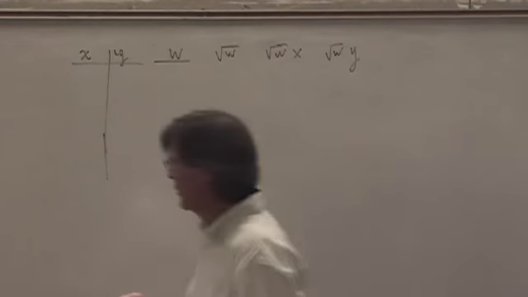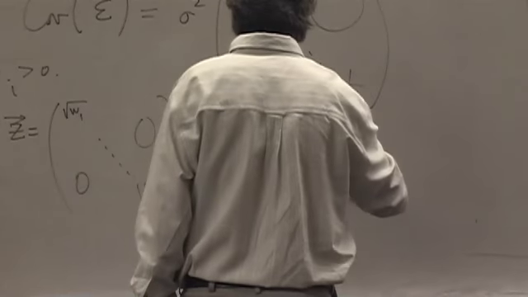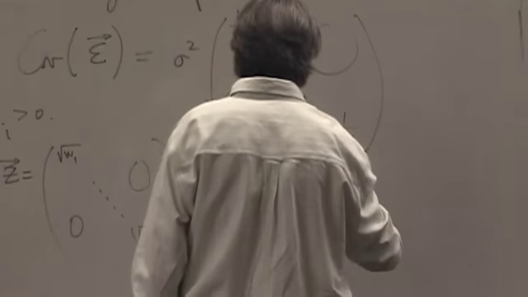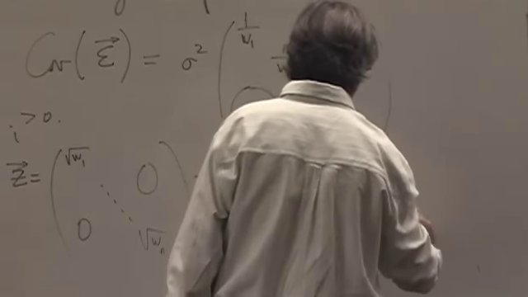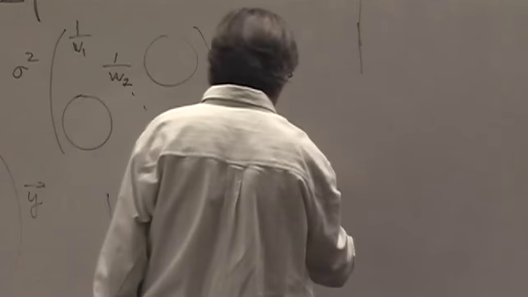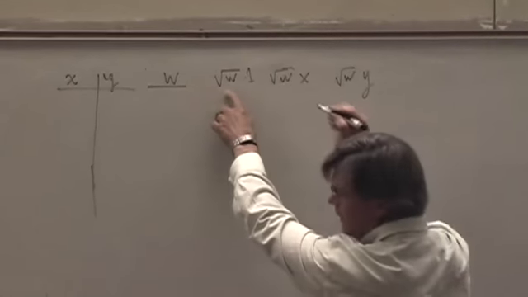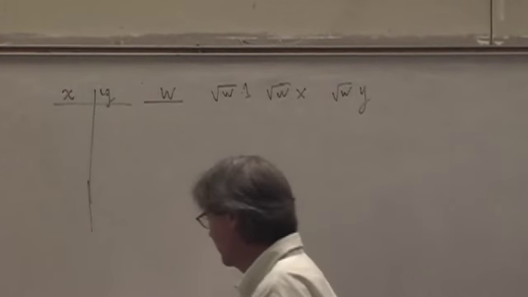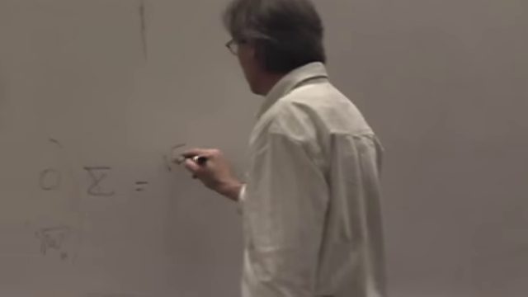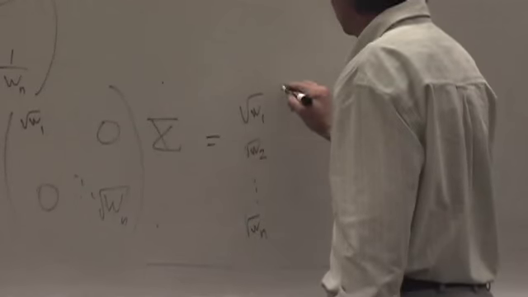Okay, so let's see. I'll do that, and I'll also define a new capital U matrix, n by p, to be simply the diagonal matrix with square root of w1 down to wn times the x matrix. Because the first column of the x matrix is 1s, the first column of U will be simply the square root of w1 through square root of wn times 1.